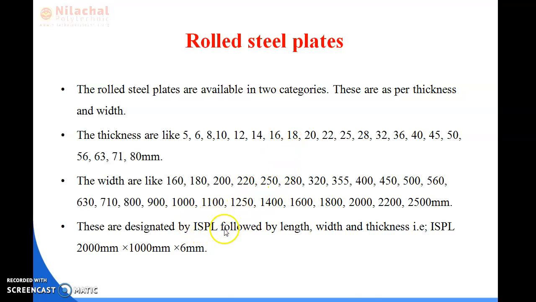The plate is designated as PL, followed by length, width and thickness. One example is ISPL 2000 mm into 1000 mm into 6 mm. That means 2000 mm indicates the length, 1000 mm indicates the width and 6 mm indicates the thickness of the steel plate section.